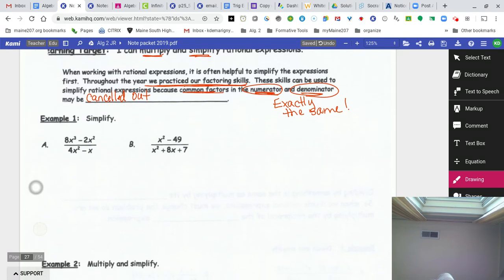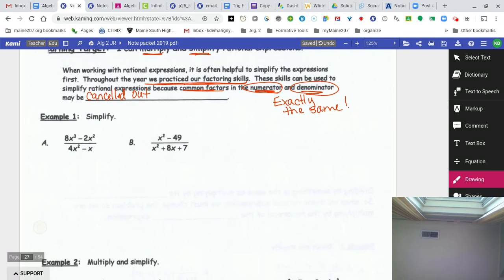For example, letter A, if I look at the numerator and I factor it, our process was to look for a GCF first. I see they both have a 2 in common, and they both have an x squared in common. That leaves me a 4x minus 1 on the top.